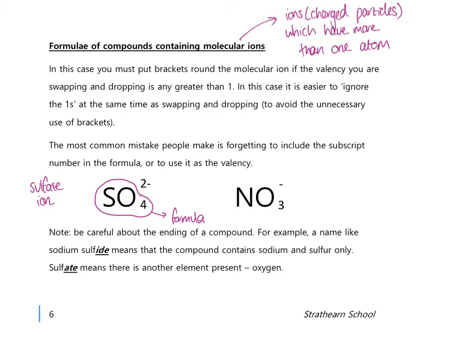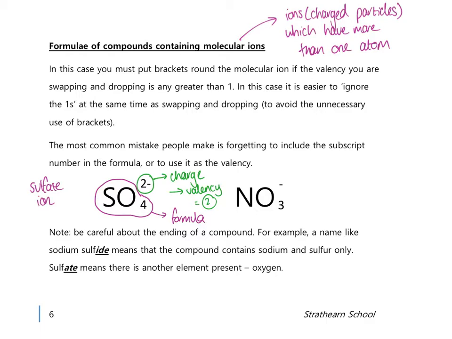You're told there that the charge is 2-. So what is in the top right-hand corner is the charge, and from that I get the valency. What do you think the valency of my sulfate ion is? It's going to be 2. So the formula is SO4, the charge is 2-, so that means this has a valency of 2.